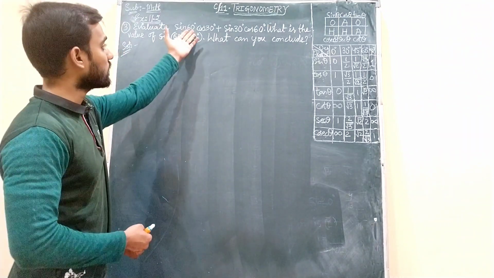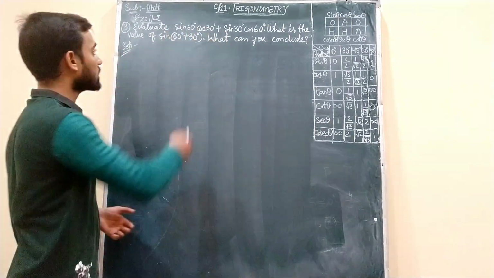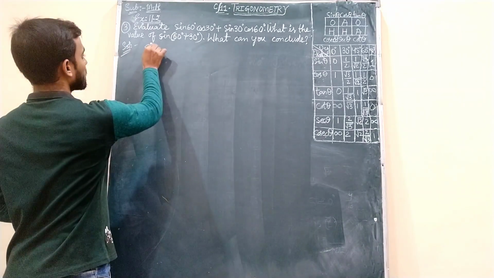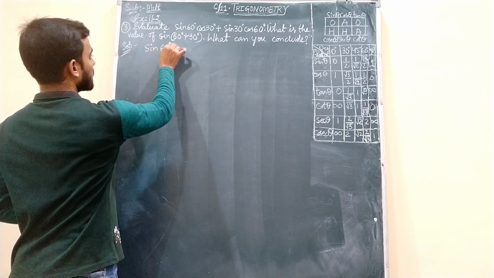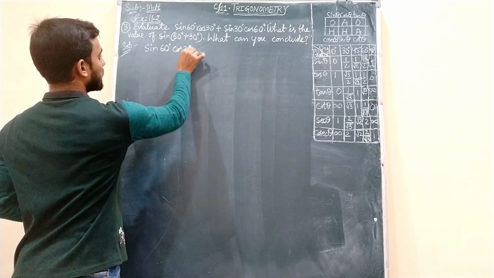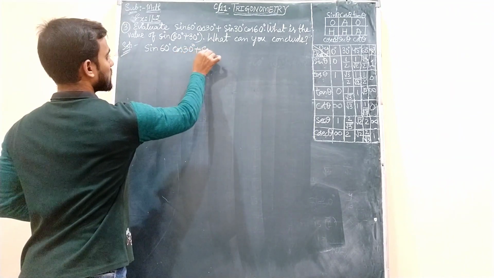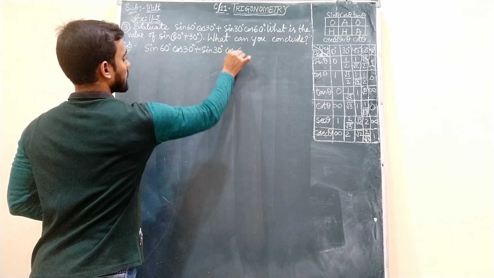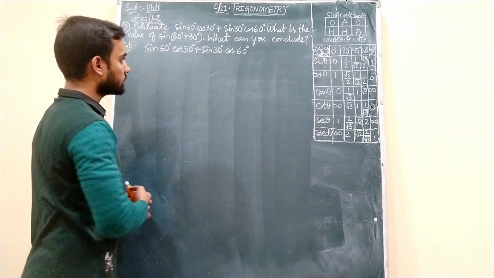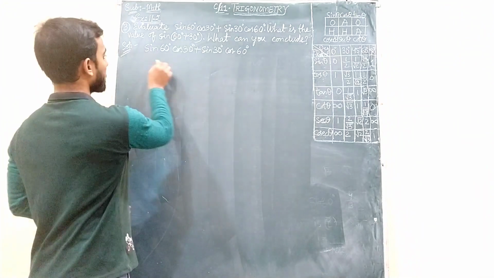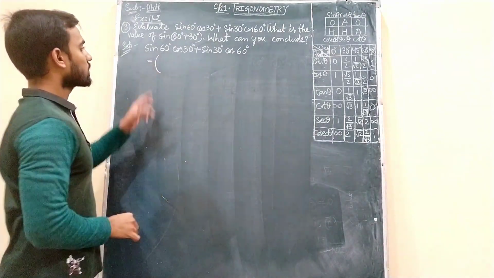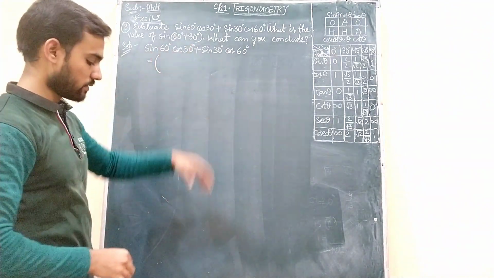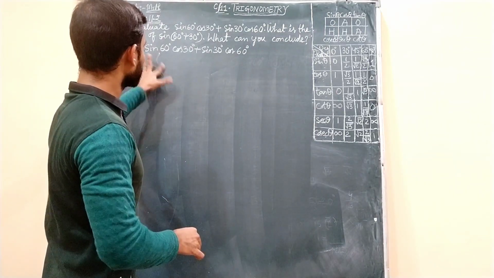So firstly we will find out the value of our first expression, that is sin 60 degree cos 30 degree plus sin 30 degree cos 60 degree. First sin 60 degree. We will do right hand side only.